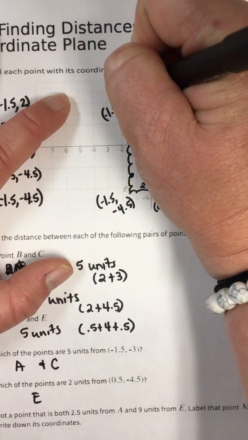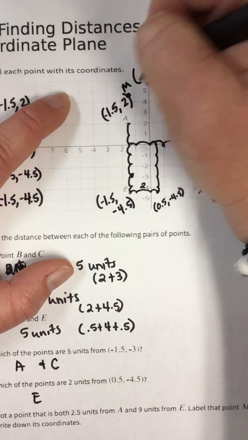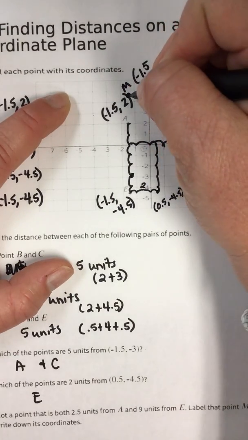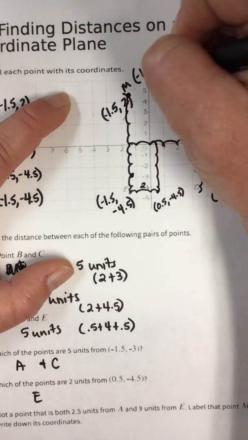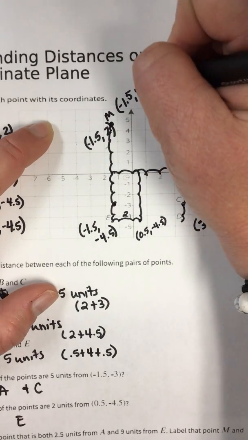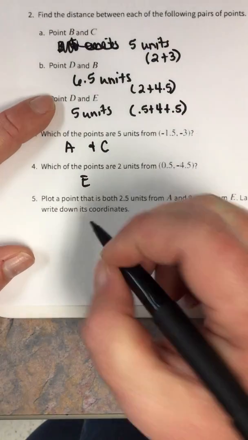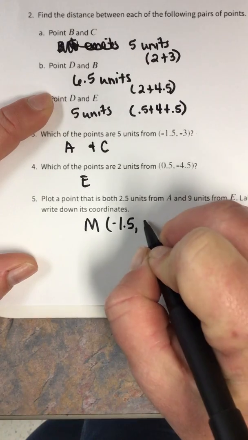So our point is actually going to be right there. This is going to be M, and this is going to be -1.5, because it's 2.5 away from A, but it's also 9 away from E. That would be 4.5. Okay, so we can write that down. So M is -1.5, 4.5.